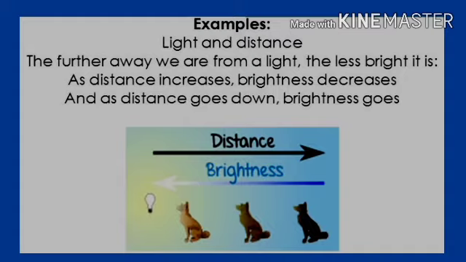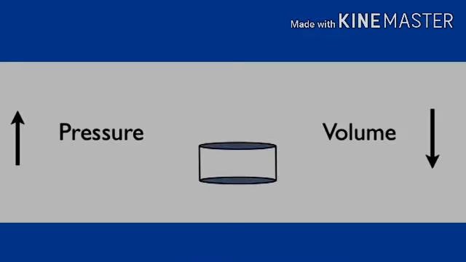The further away we are from a light, the less bright it is. As distance increases, brightness decreases, and as distance goes down, brightness goes up. Pressure and volume. As pressure increases, the volume of the container decreases. As pressure decreases, the volume of the container increases.